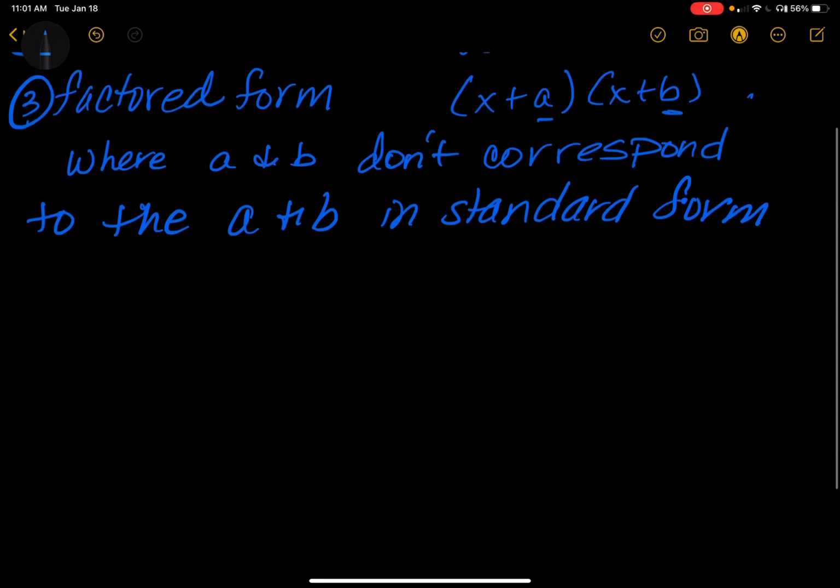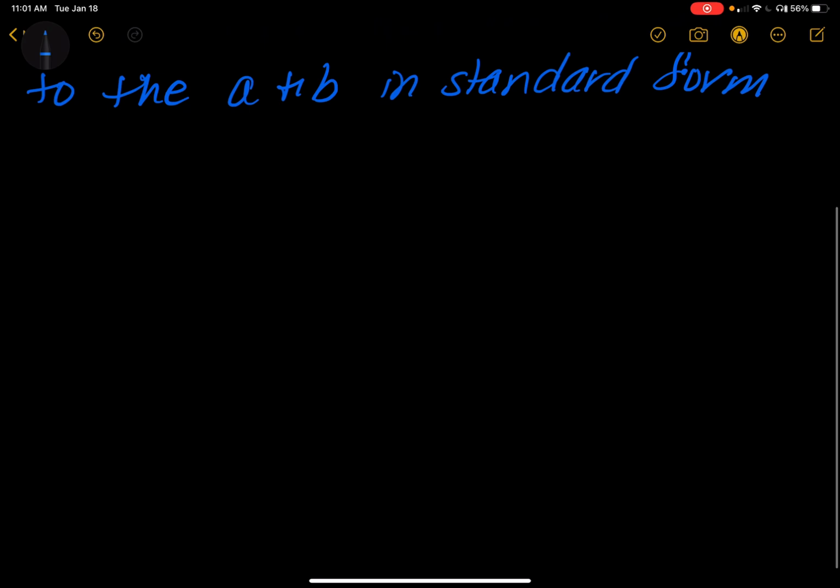So let's look. As an example, we have 1x squared plus 8x plus 16. The way that we are going to handle taking a quadratic expression from standard form to factored form is we're going to use our factor cross.